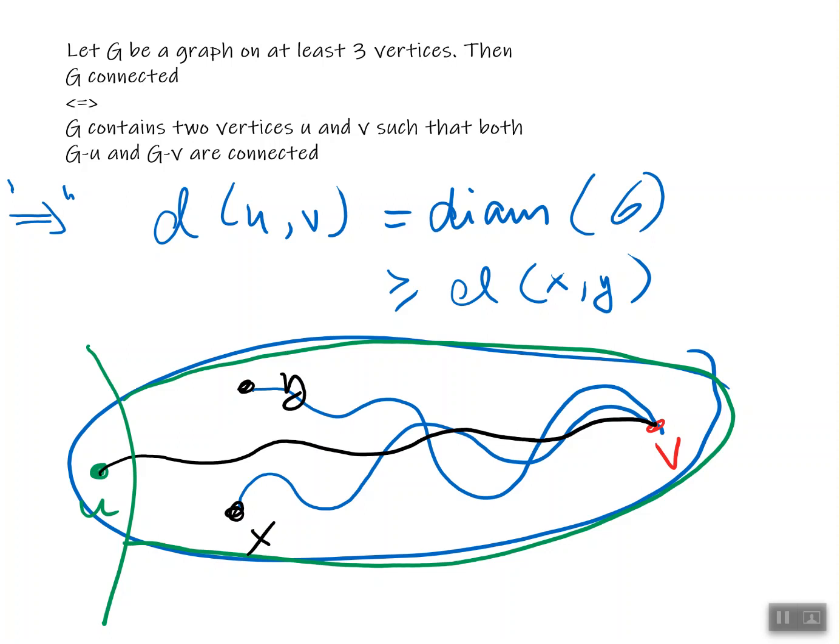How do we get that path? Well, we just walk from x along this path until we intersect the first time, possibly in v, the path from y to v, and then we just proceed on that path to get to y, and that will be a path. So that's the other direction of the proof, and we are done, because again, the argument for cutting off v here is exactly the same.